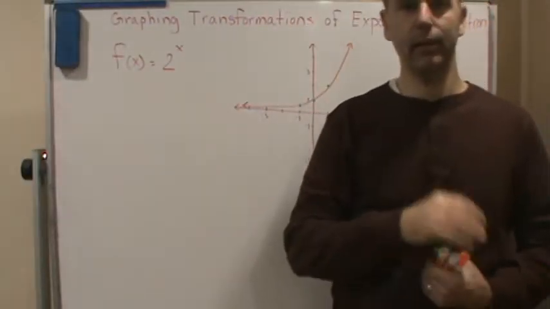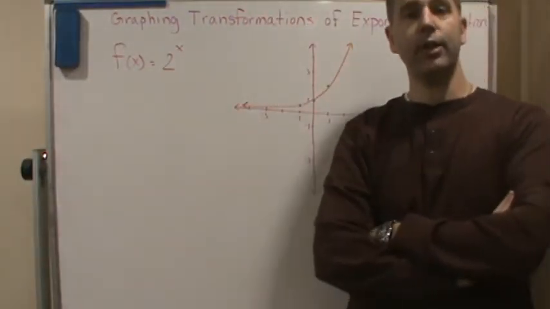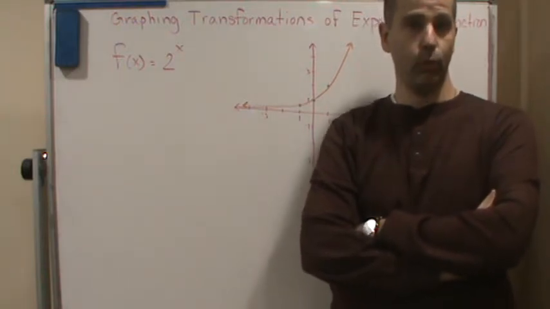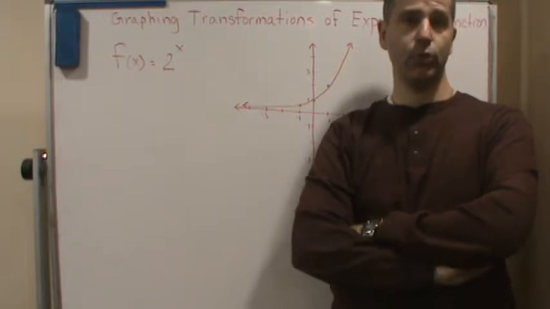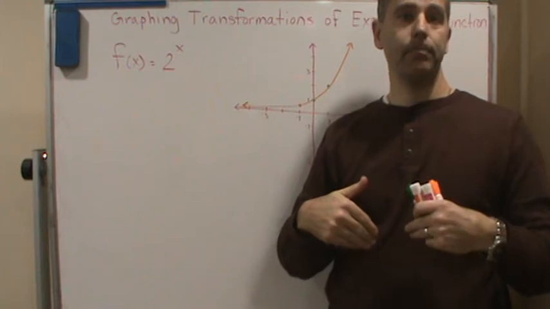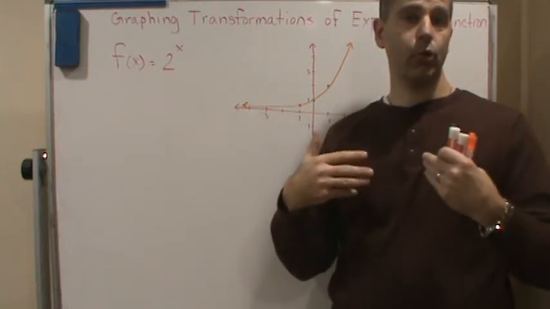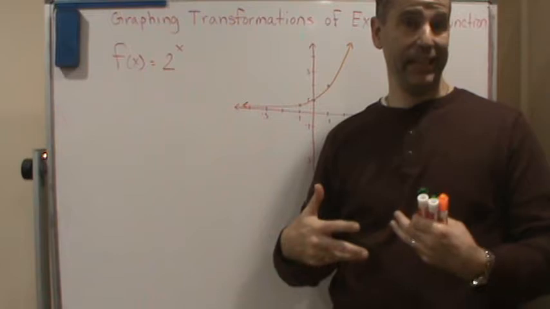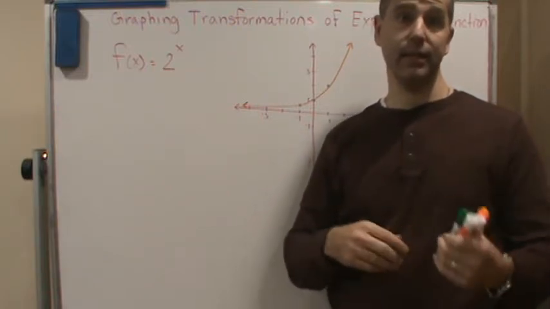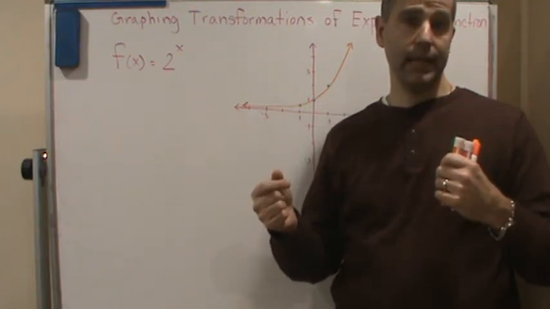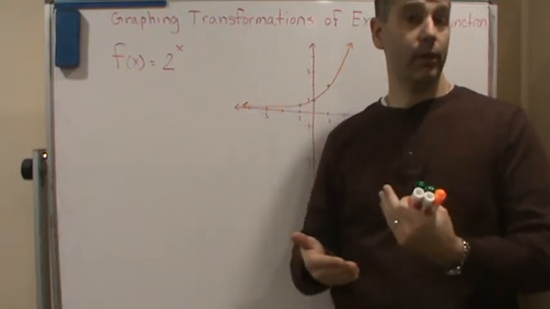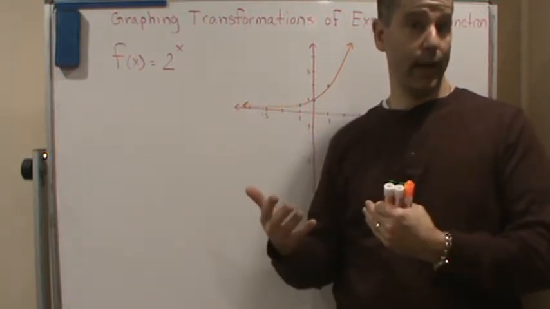Okay, so welcome back. Today we're going to talk about transformations and how we graph transformations of exponential functions. What's a transformation? A transformation is when you take a basic function and transform it by adding or subtracting a constant, multiplying or dividing by a constant, or affecting some other aspect of it in the y direction or in the x direction.